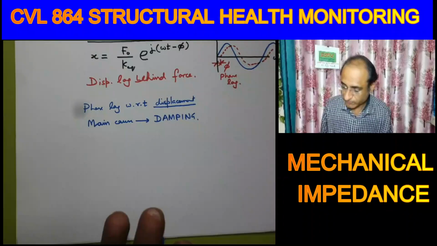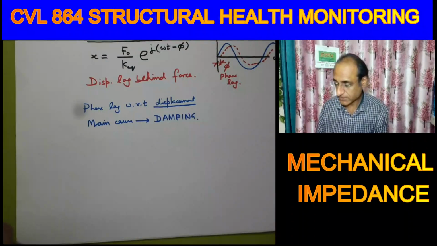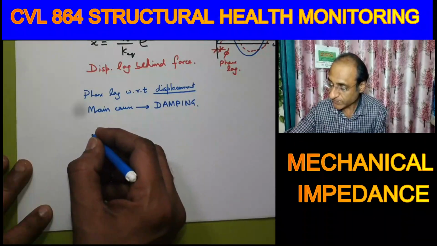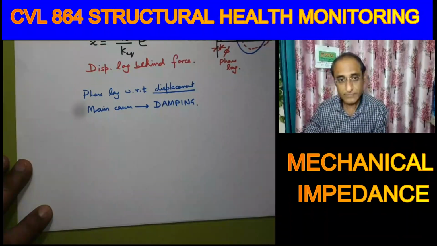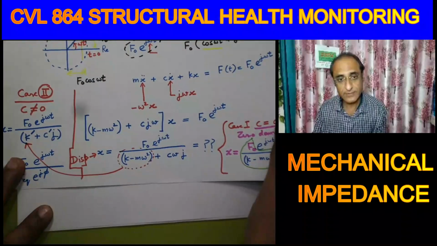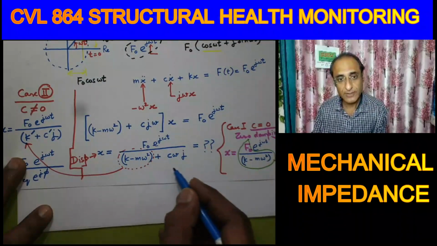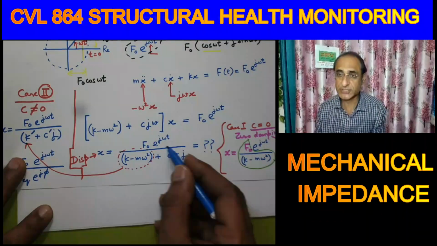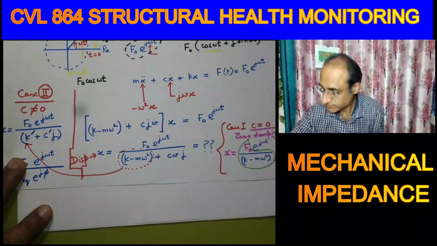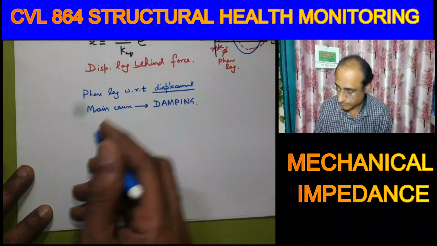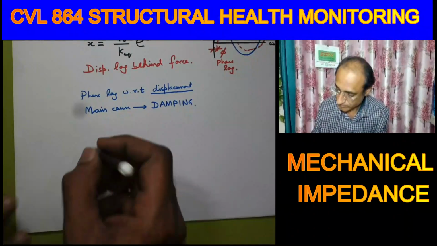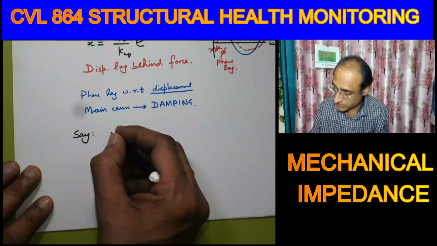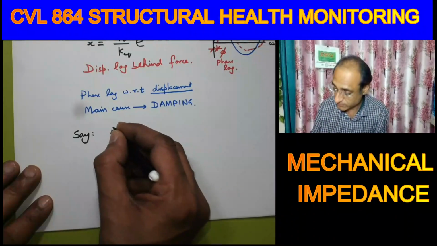But another point we are finding here is, finally, when we are deriving, we get something like this. Let's say we don't have any inertial term, the mass is negligible, the inertial forces are very small.